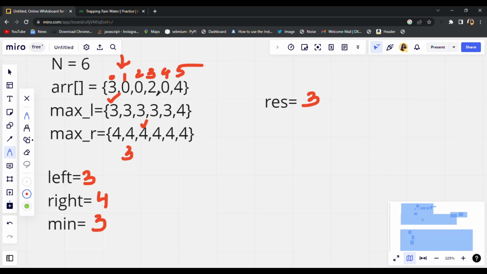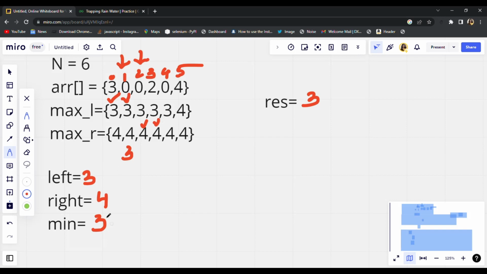Okay, so now we will proceed to the next index, that is the second index. For this again we need to find the maximum height on the left side, which is 3. Okay, 3. And we need to find the maximum height of the block on the right side, which is 4.